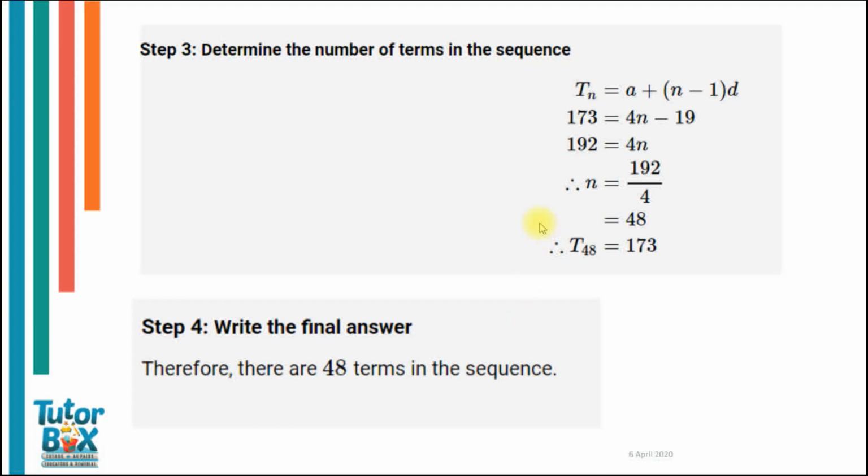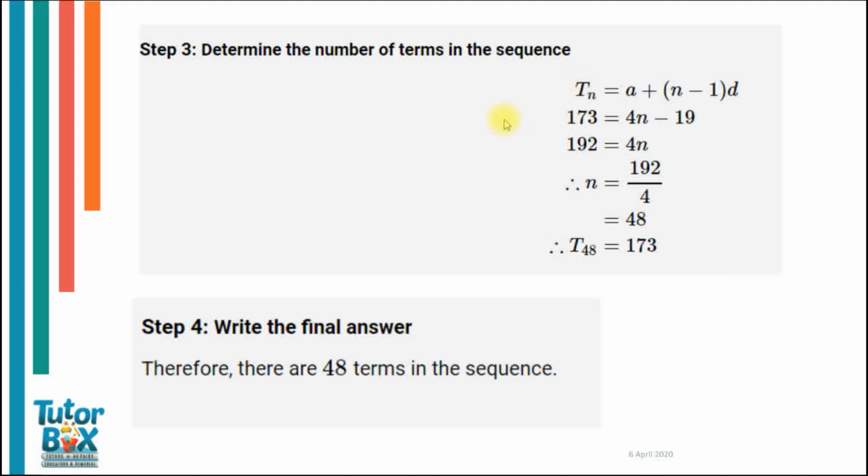The third question asks us to determine the number of terms in the sequence. We had Tn equals a plus n minus 1, times d, and we know what a is and what d is. What we know is the nth term.